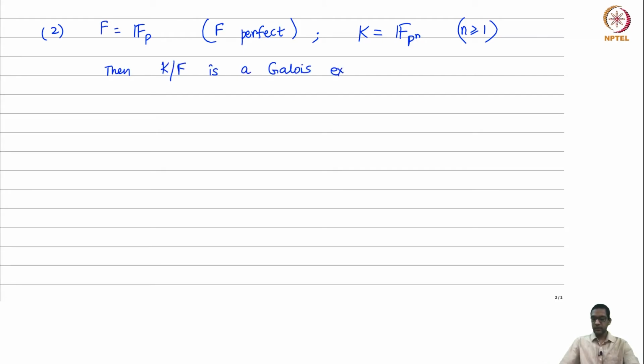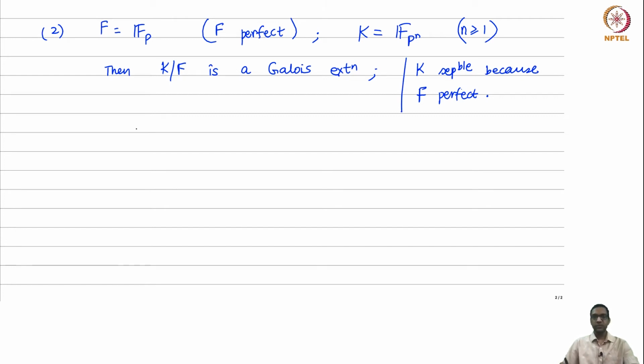Well, as I just said, K is separable because F is a perfect field. And K is of course in this case a finite extension of F, so it's definitely an algebraic extension. So this is the automatic property.